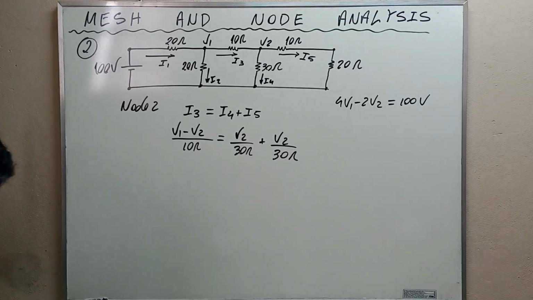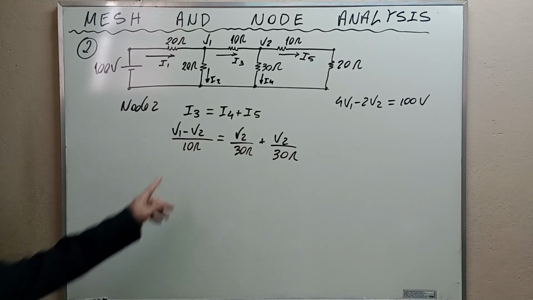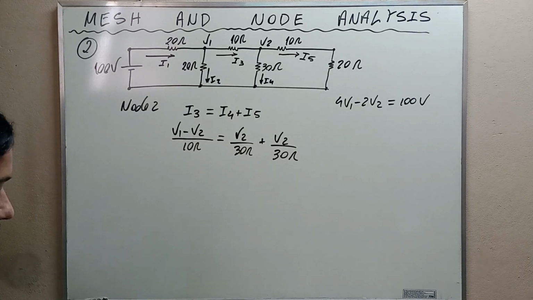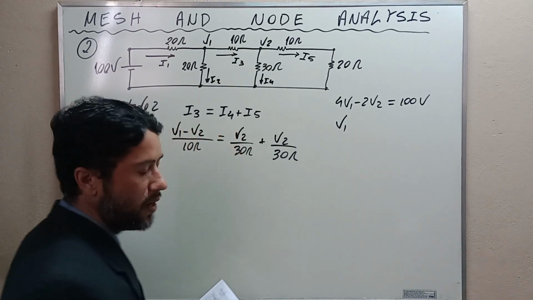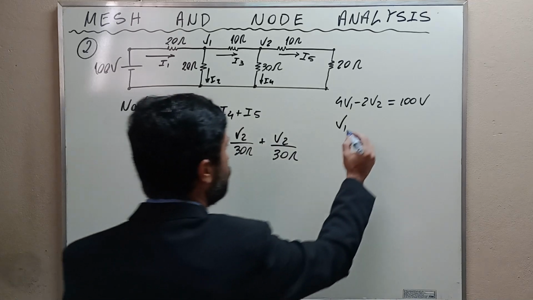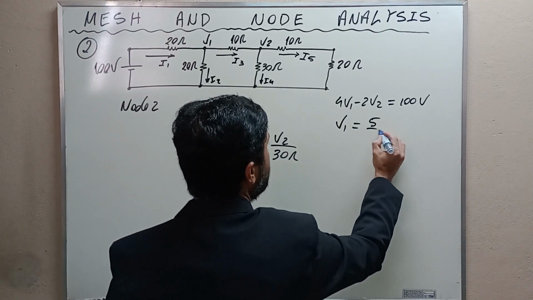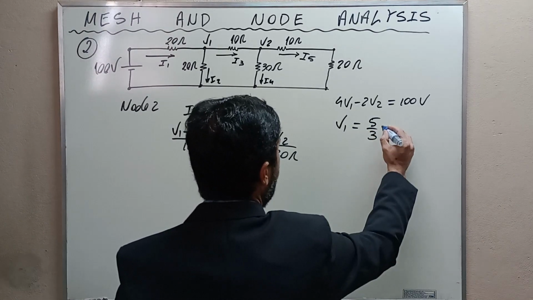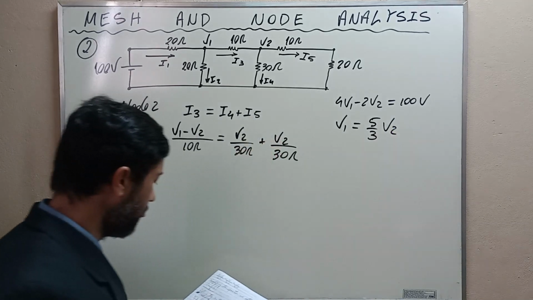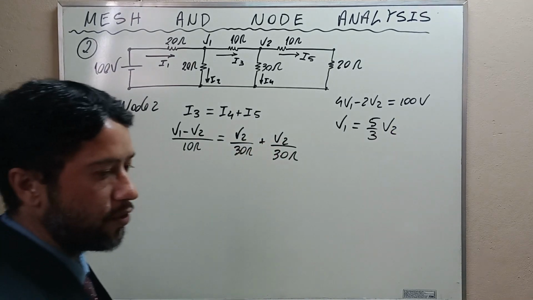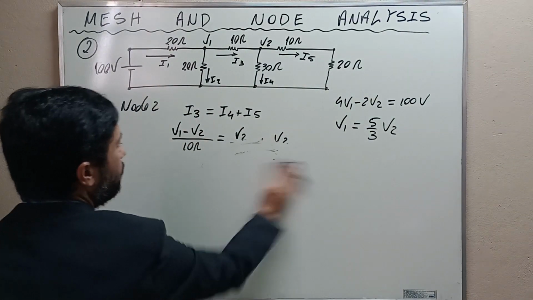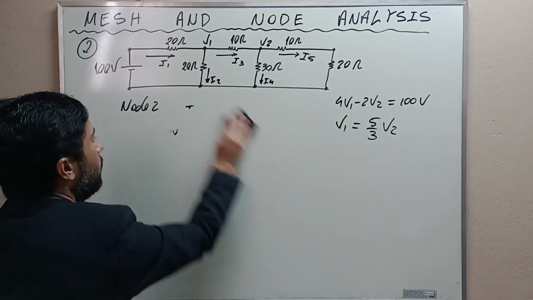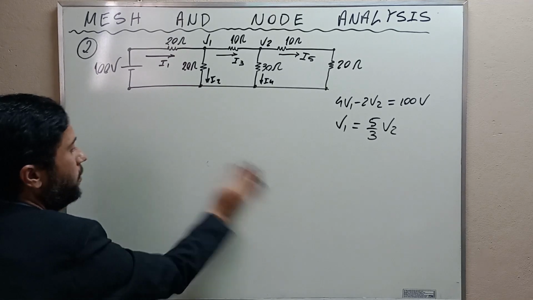Okay, and again, if we simplify this, we find that V1 is equal to 5/3 of V2, okay? I'm going to erase here because I'm going to need space for more calculation.